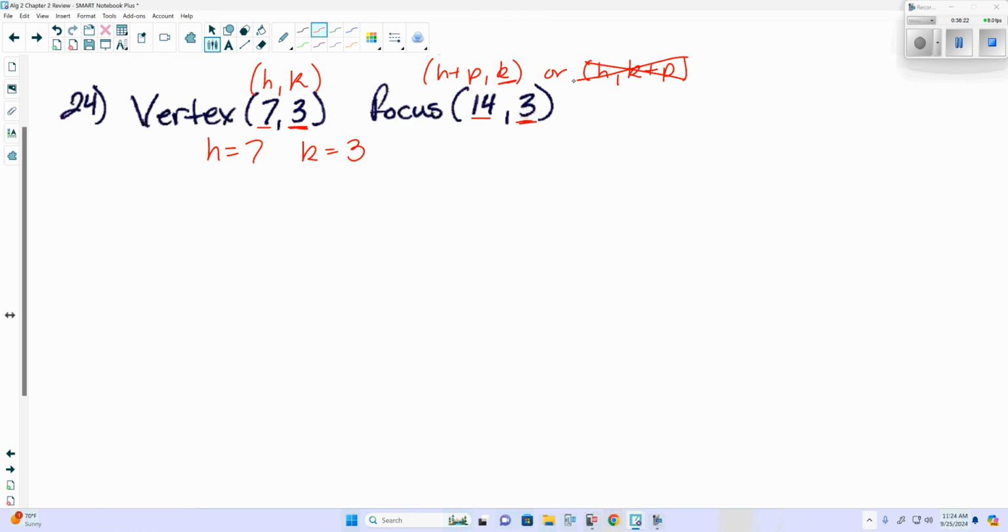Now that does help us figure out what p is, but it also tells us which equation. Because if we match it up with our h plus p comma k, the general form is x equals a times y minus k squared plus h. So we have h and k, we just need to find p.